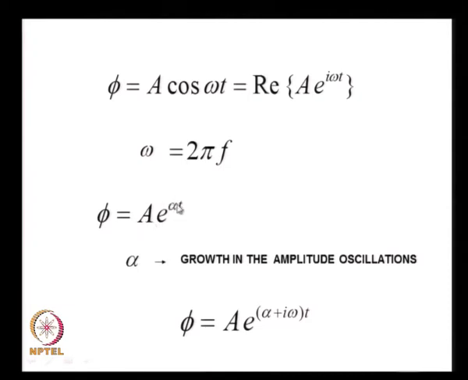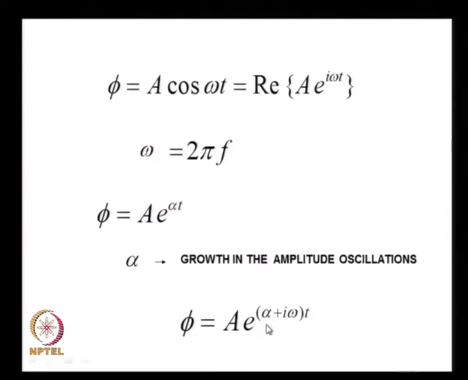If alpha is greater than 0, well, the oscillations grow in amplitude, and therefore if I denote phi not only in terms of frequency omega but also in terms of the growth of oscillations, I can write phi as equal to a e to the power of the growth rate of oscillations and the frequency of oscillations, namely phi is equal to a e to the power alpha plus i omega t.